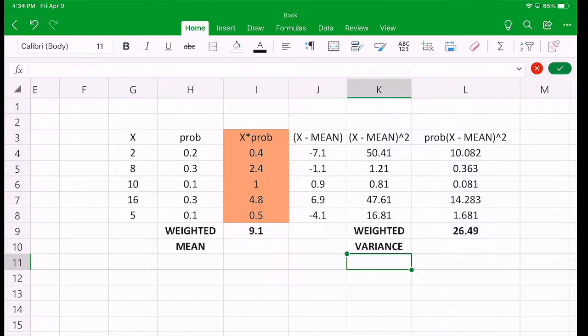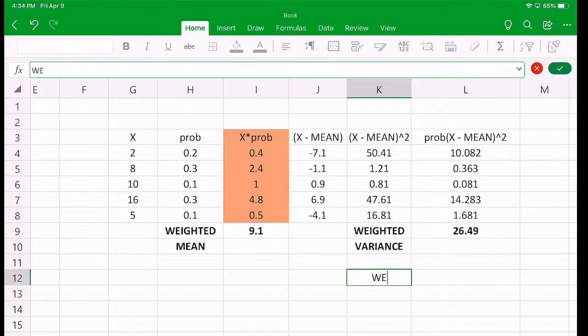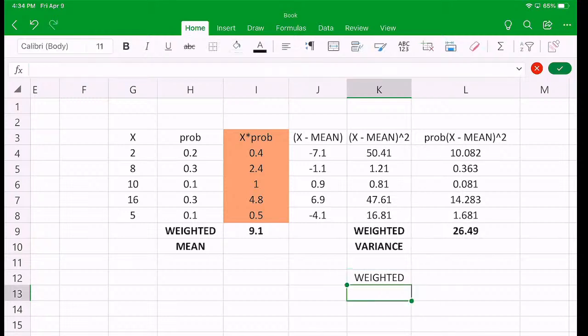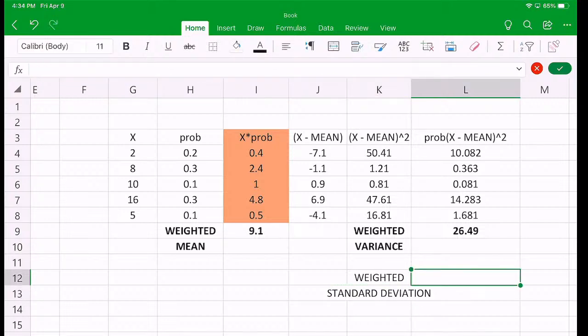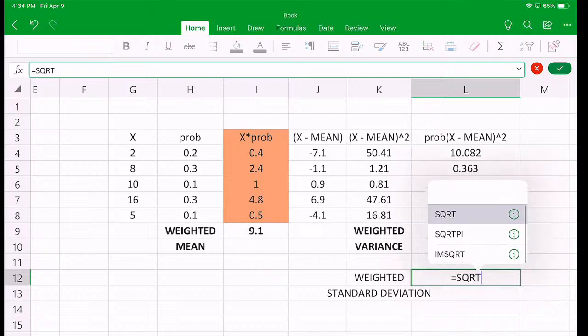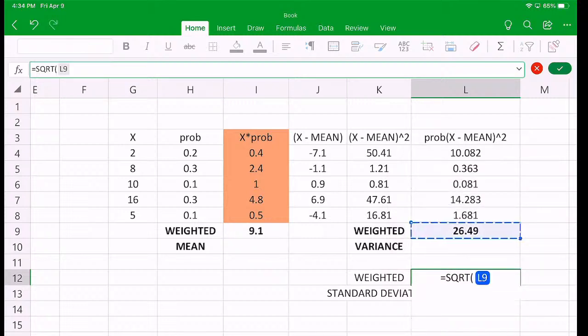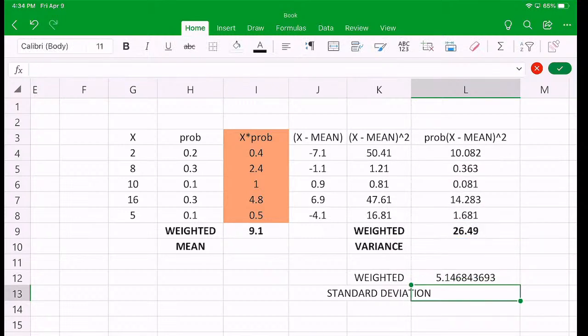And once you have the weighted variance, you can get the weighted standard deviation, because it's just the square root of this.